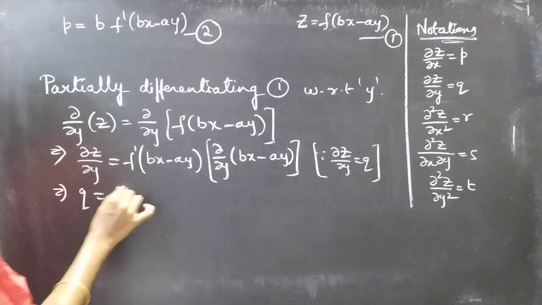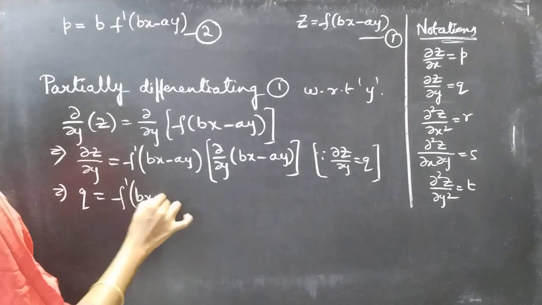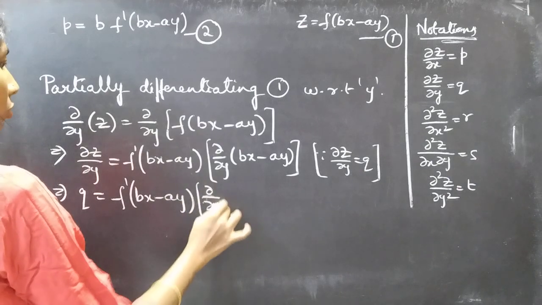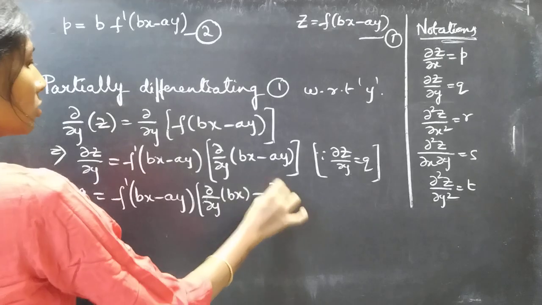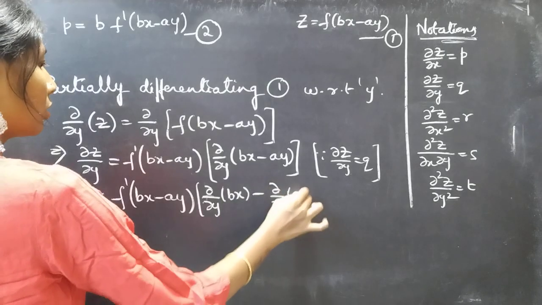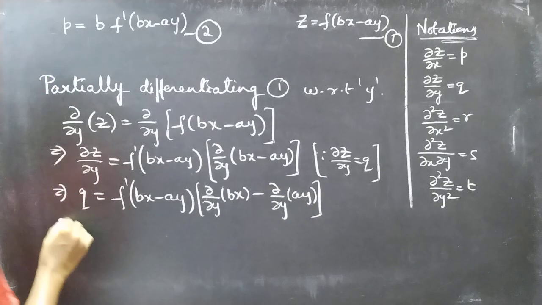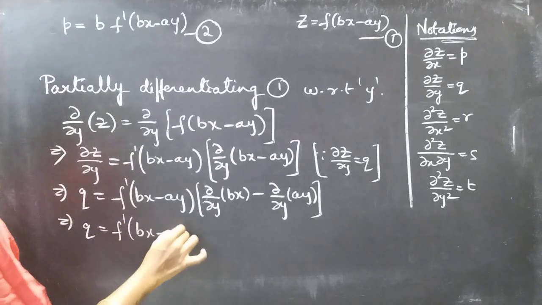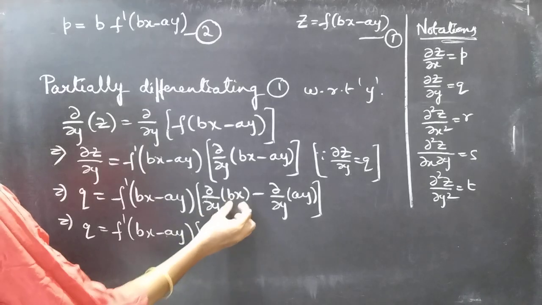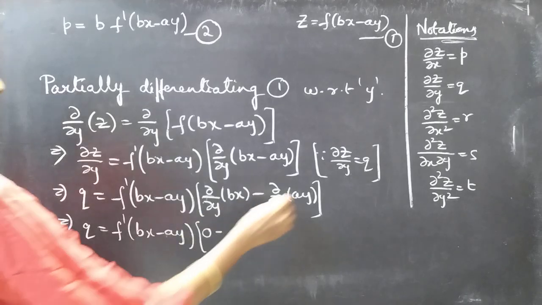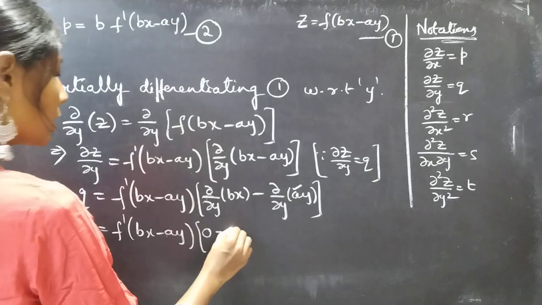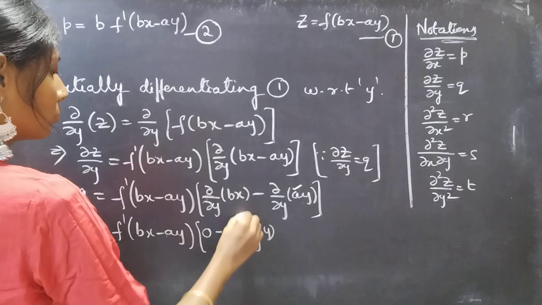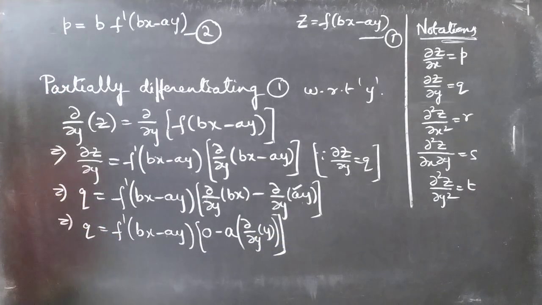We'll get q equal to f dash of bx minus ay into dou by dou y of the first term bx minus dou by dou y of ay, which gives us q equal to f dash of bx minus ay into the partial derivative of a constant with respect to y, which is 0, minus, here a is constant, we'll write this as a into dou by dou y of y.